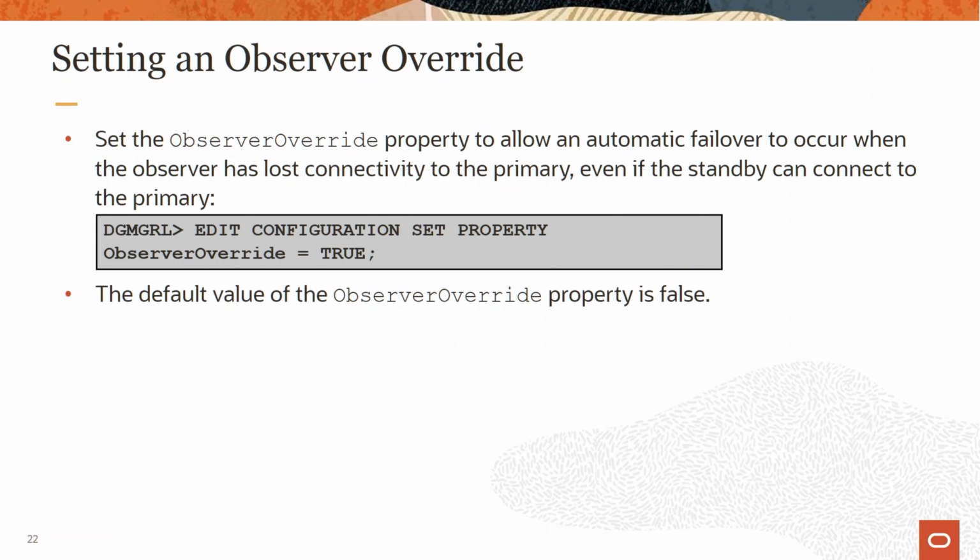Even with a single condition, you may want to initiate fast start failover. In that case, you can set edit configuration set property observer override equals to true. But the default value is false, meaning that only when two conditions are met is fast start failover possible.